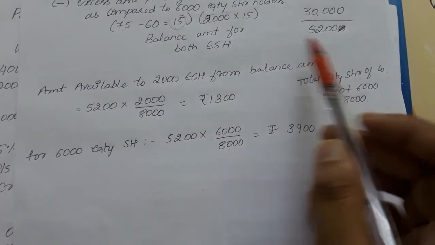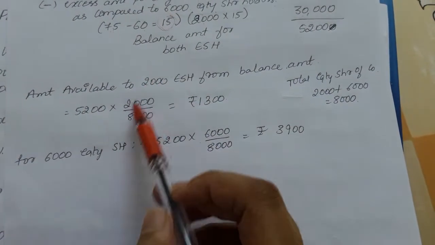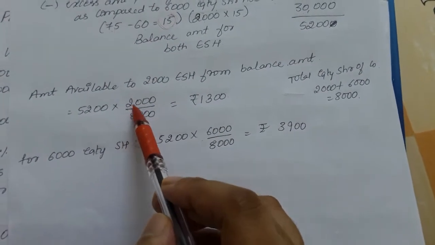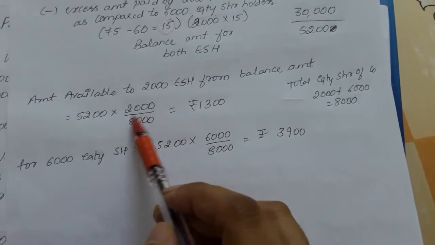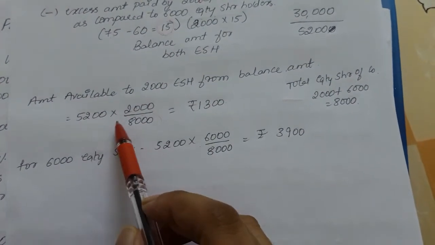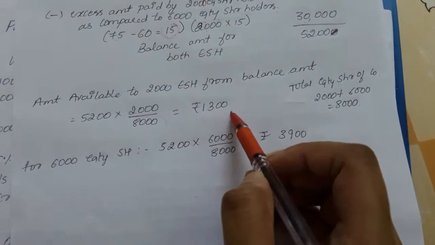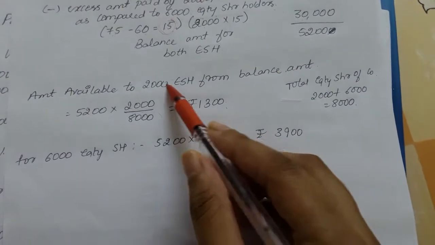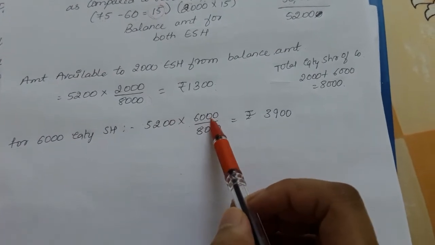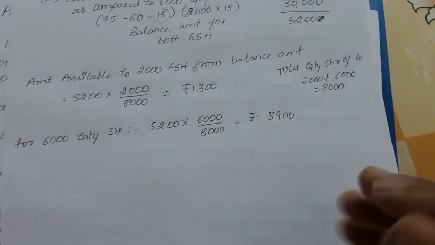The remaining is 5,200. Now we see the amount available for the 2,000 equity shares: 5,200 multiplied by 2,000 divided by the total of 8,000 equity shares, 2,000 plus 6,000, is 1,300. For the 6,000 equity shares, 5,200 multiplied by 6,000 divided by 8,000 is 3,900.